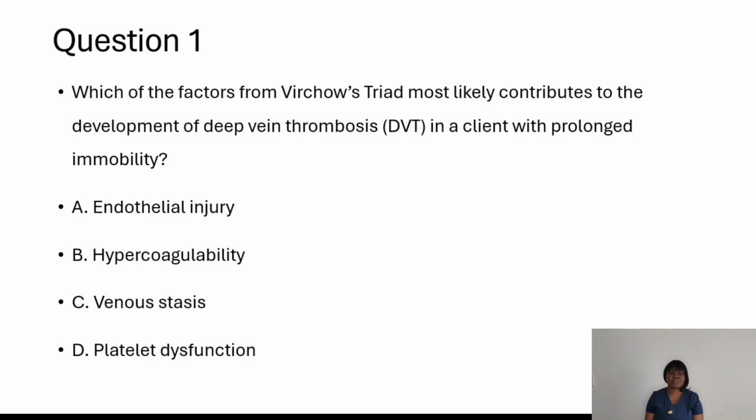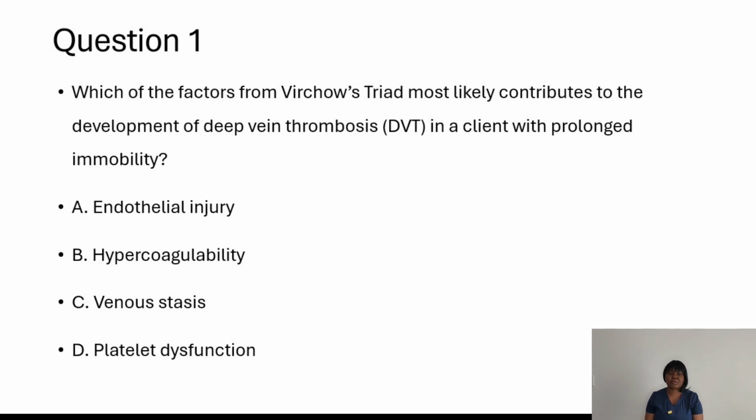And the question now is emphasizing prolonged immobility. So, first option says endothelial injury. Second one says hypercoagulability. C says venous stasis. And D, platelet dysfunction.